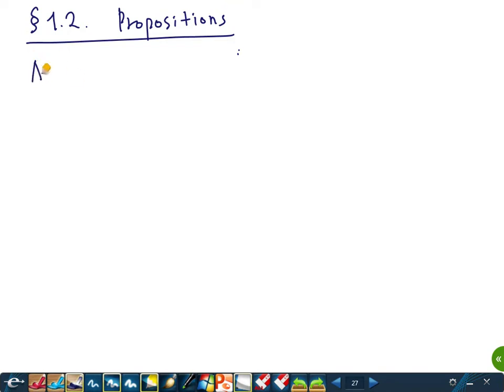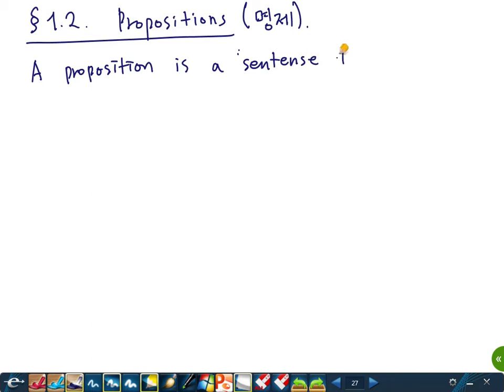All right, a proposition, the definition. The proposition in Korean is called 명제. You learned 명제. A proposition is a sentence that is either true or false, but not both.